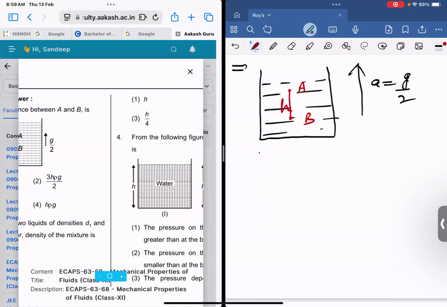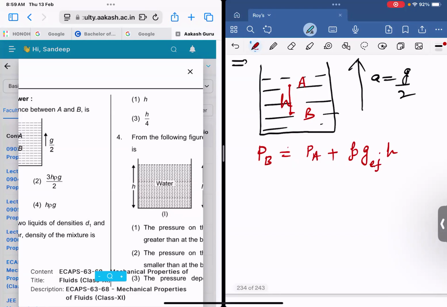Normally, the formula says that if you go to the depth B, then the pressure increases by rho gh. But here you don't write g. If there is some external acceleration, we write g effective into h. Now, as the lift is going up, the pseudo force will be acting downward.